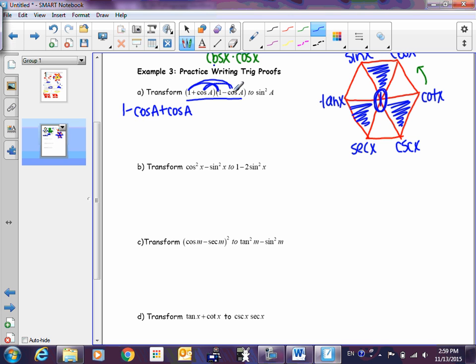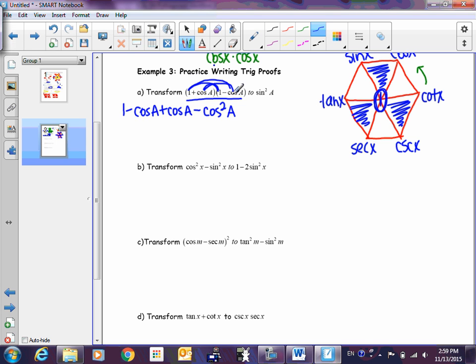And then the last one would be cosine A times negative cosine A. What would that be? Negative cosine A squared. And the way we show squared is to put the squared in between cosine and A. That is signaling that we're squaring the whole thing. Okay, so all I did was algebraically double distribute.